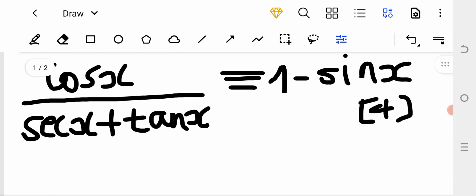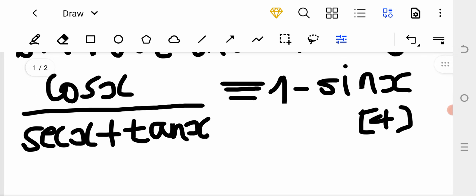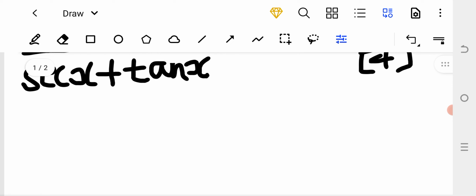So the first thing we do is we know that an identity has a left hand side and a right hand side. In this particular case, we cannot choose the right hand side because we cannot simplify it any further, but we can choose the left hand side and prove that it is equivalent to the right hand side.